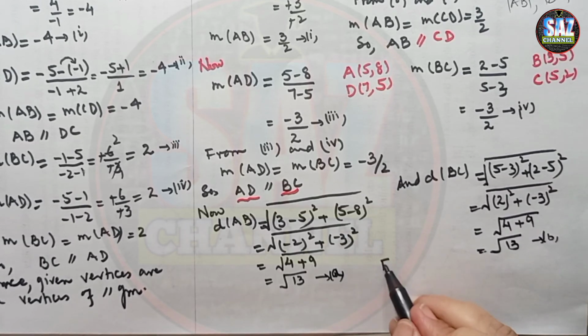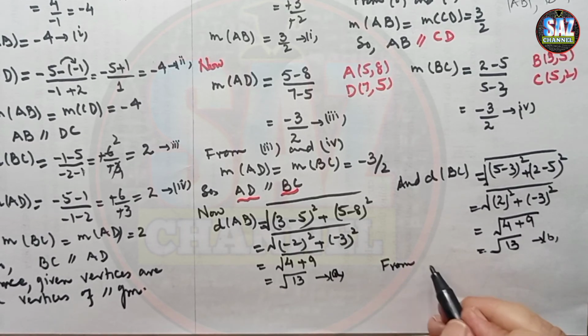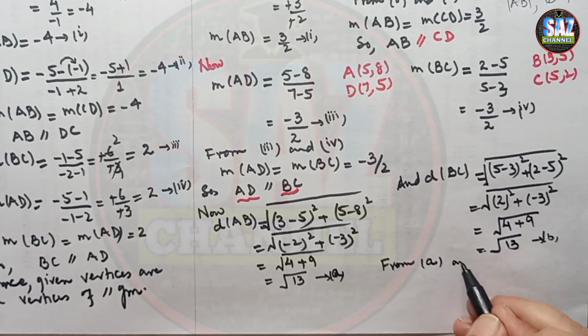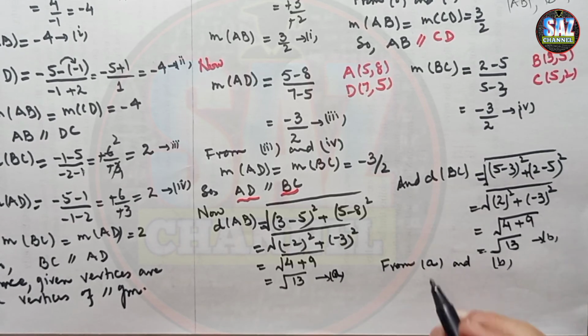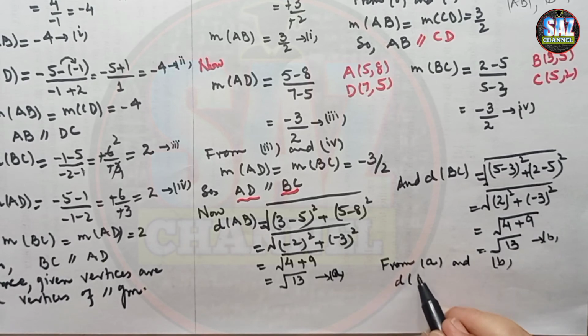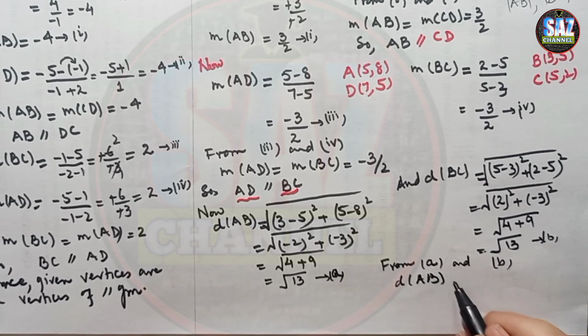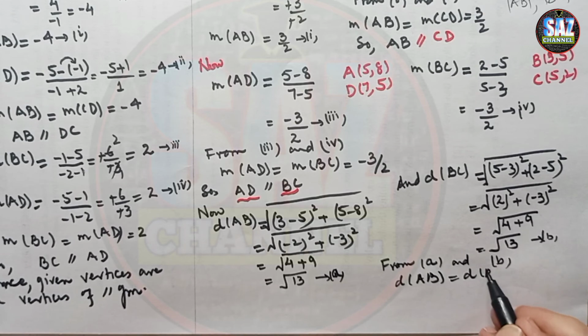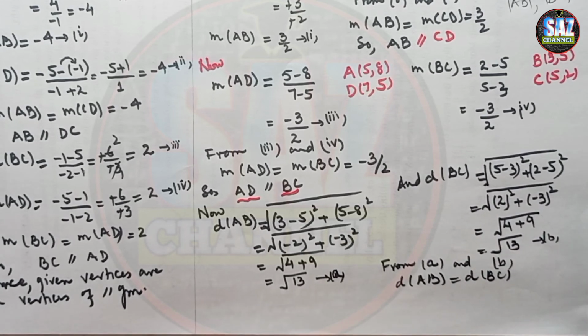From A and B, distance AB equals distance BC. Hence, what can we say?